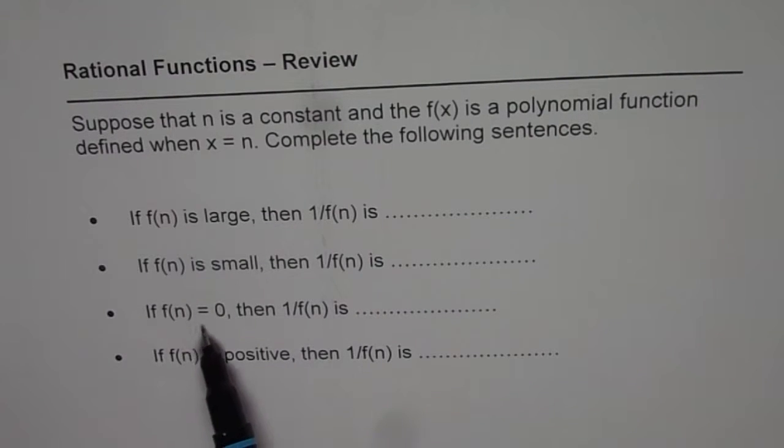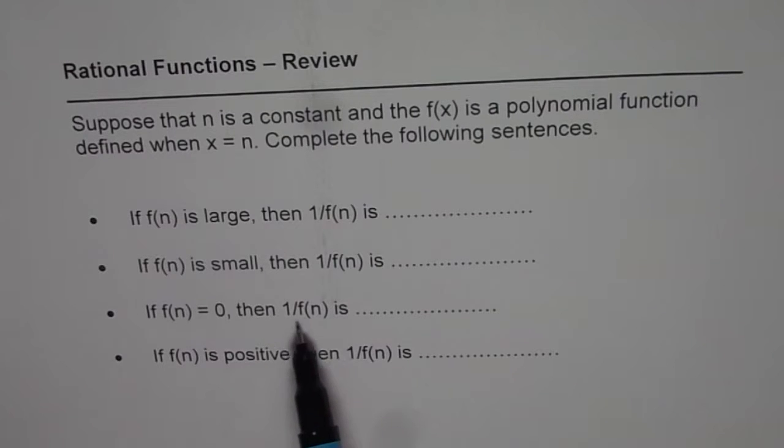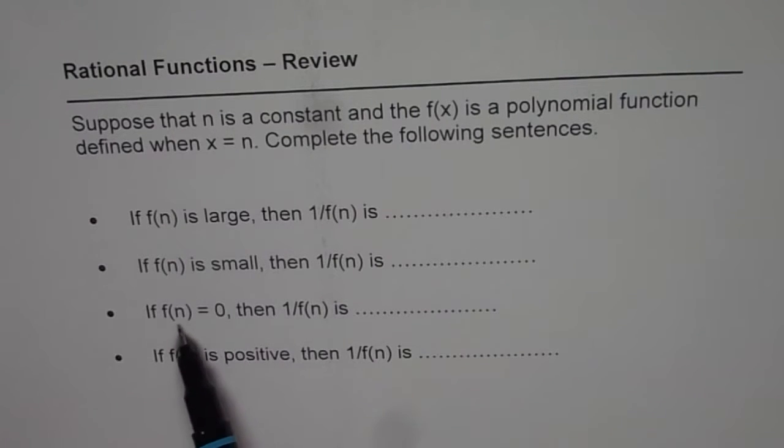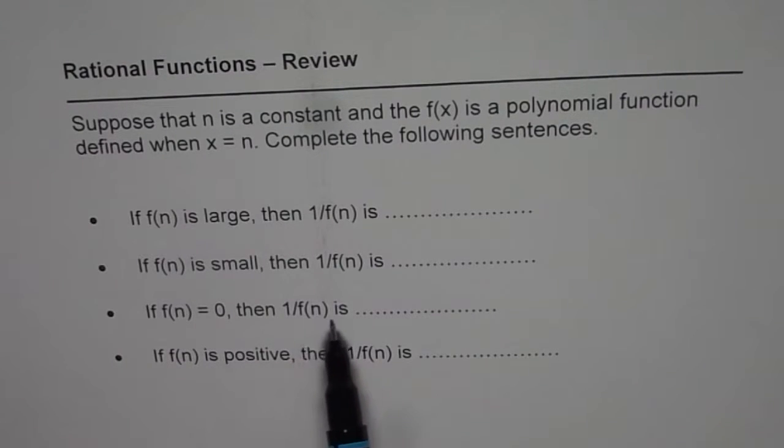If f of n equals 0, then 1 over f of n, which is the reciprocal of the function at n, is what? If the value of the function at n is positive, then what is the value of the reciprocal of the function at x equals n? So that is the kind of question we have.